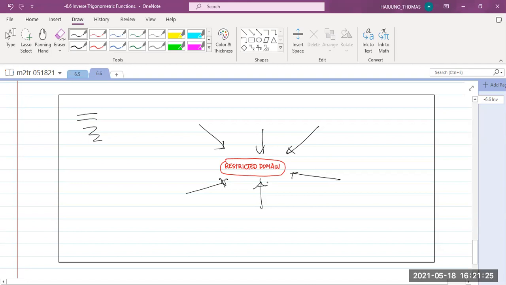As if that's the button that I will press every time a student gives me a wrong answer. And most of the time, not all the time, but most of the time, the wrong answer is caused by restricted domain.